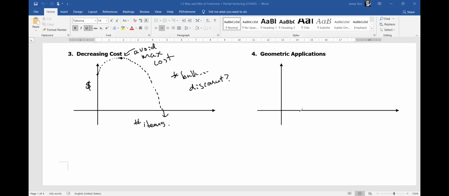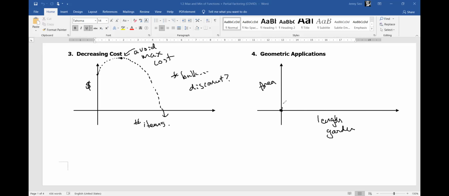Geometric applications, this might not necessarily apply to you, but it does make sense for certain businesses. Okay, how about like you're in landscaping and maybe this is the length of a garden and this is like the area in which your garden is growing. If your length is 0, then your area of the garden is 0, right?